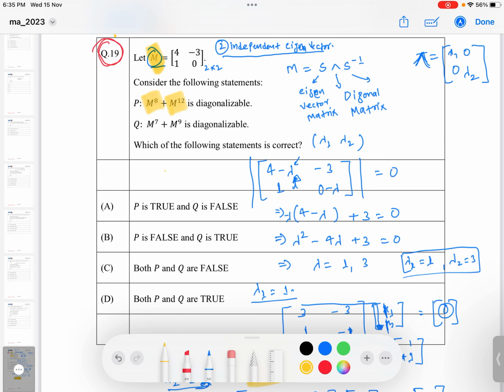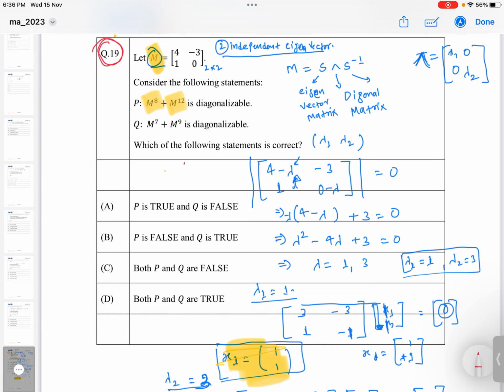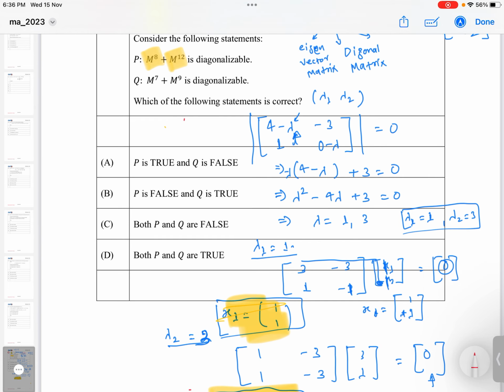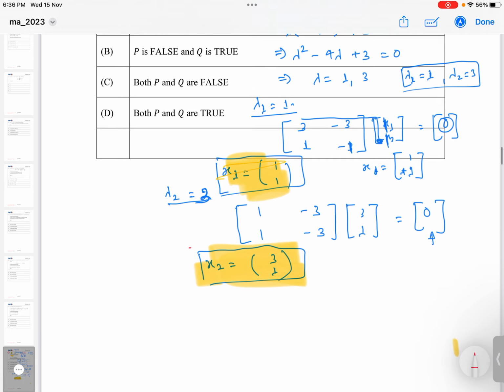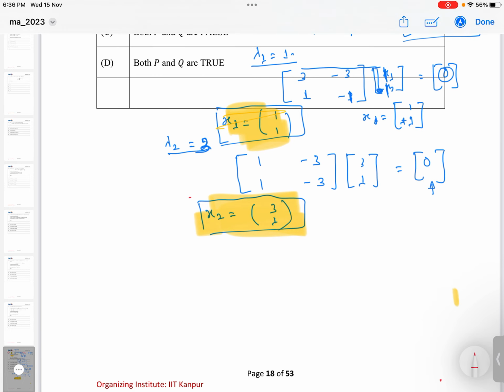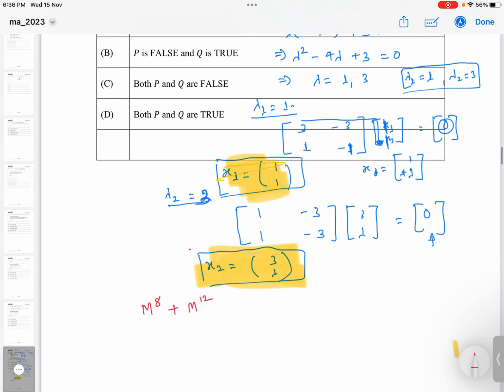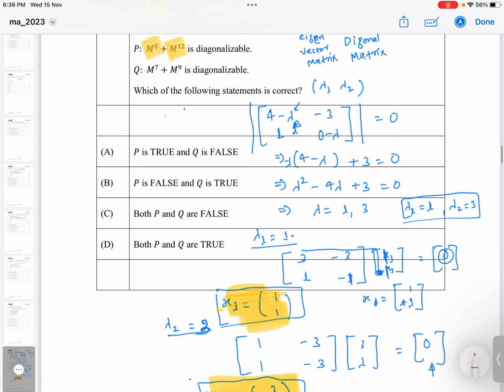If we can write this M to the power 8 plus M to the power 12 in this form, then we are sure that M to the power 8 plus M to the power 12 will be diagonalizable. We will have to check M to the power 8 plus M to the power 12, and we have already proved that M is diagonalizable.